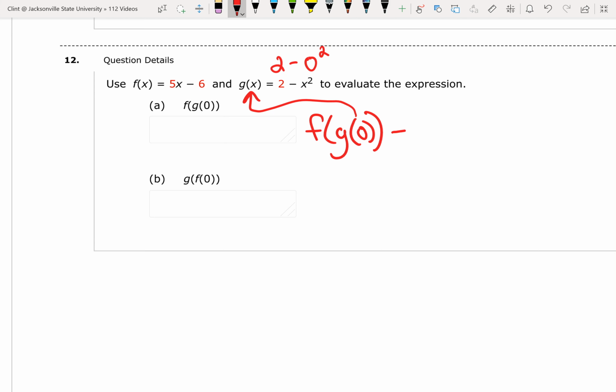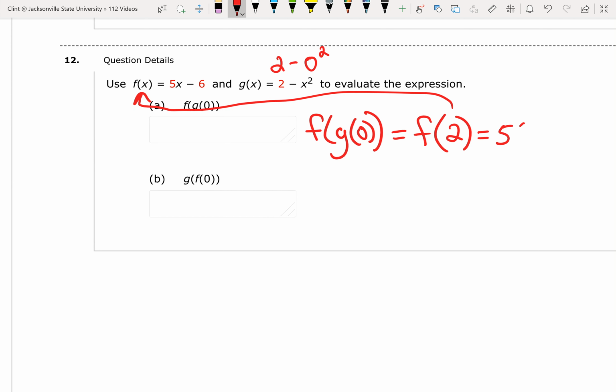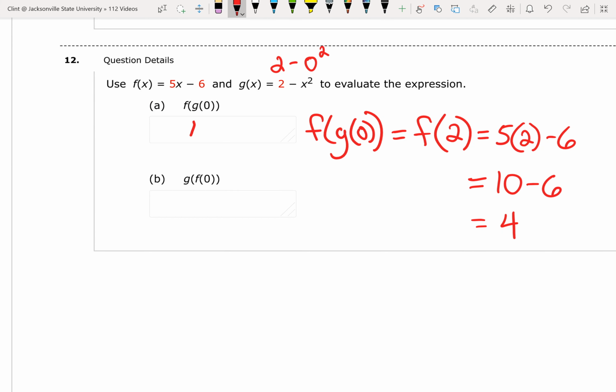So that's just 2. Okay. Now we're going to take 2, plug it into f. So we'll have 5 times 2 minus 6. That's 10 minus 6. We get 4. Okay, so for f of g of 0, we get 4.